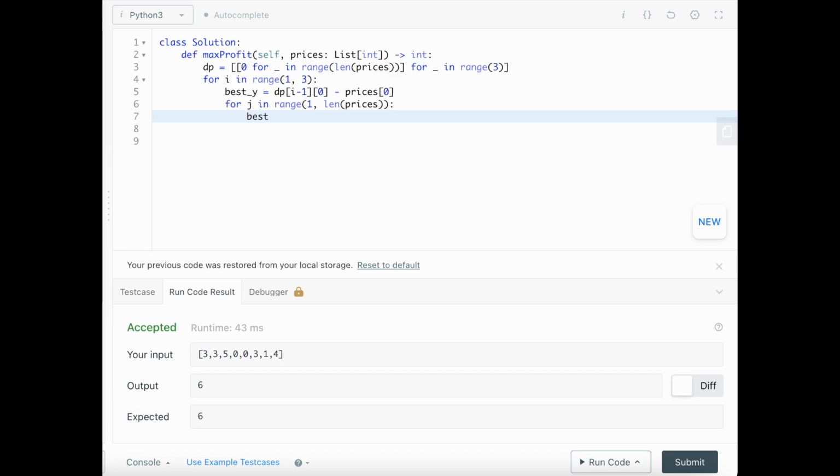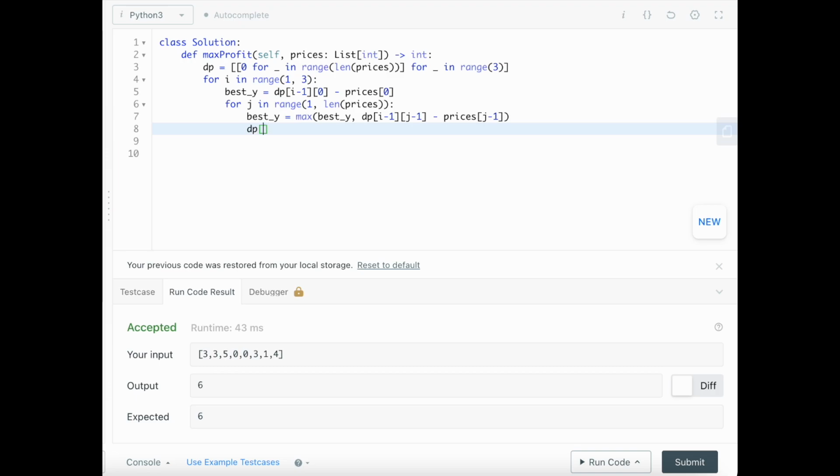So we are going to update our best y. This is a small optimization trick that we are doing in order to optimize for time complexity. So best y is going to be the max of best y comma dp of i minus 1 j minus 1 minus prices of j minus 1. Now what are we going to do? We are going to update the grid element.